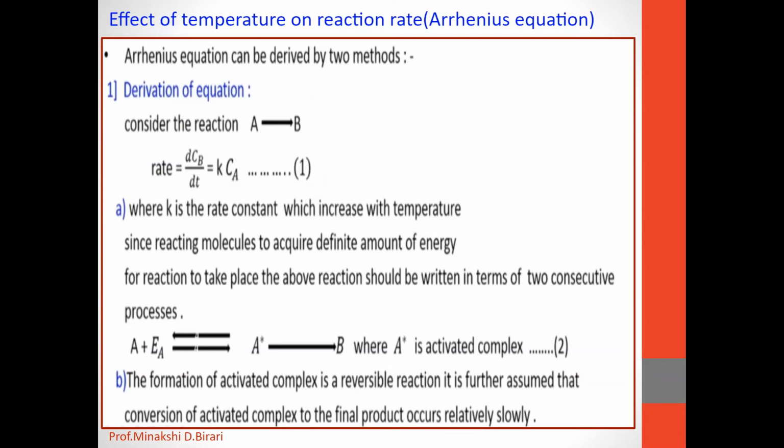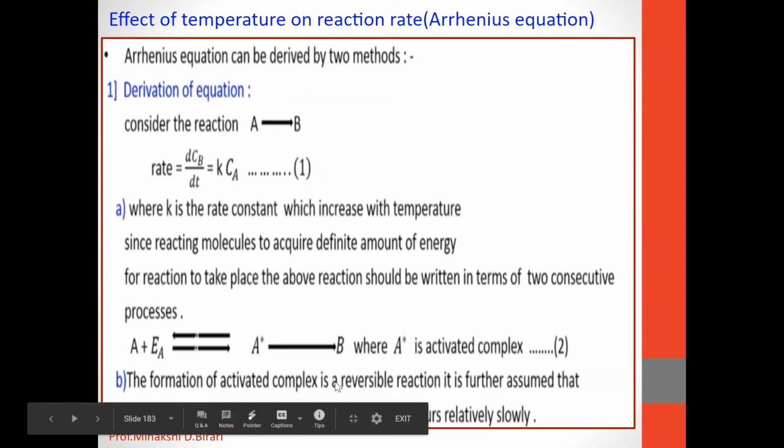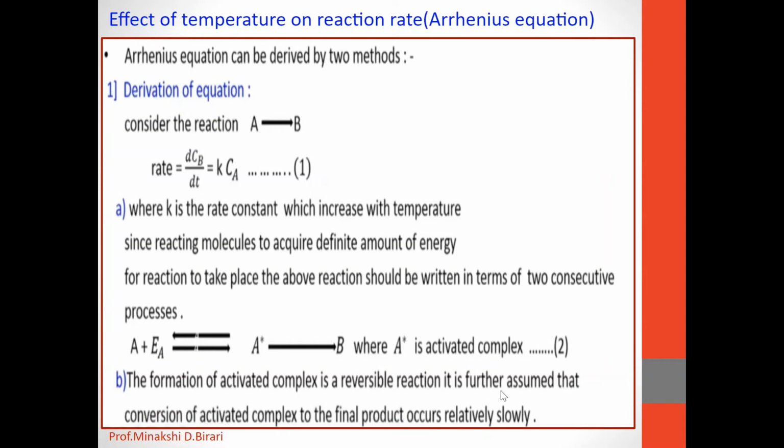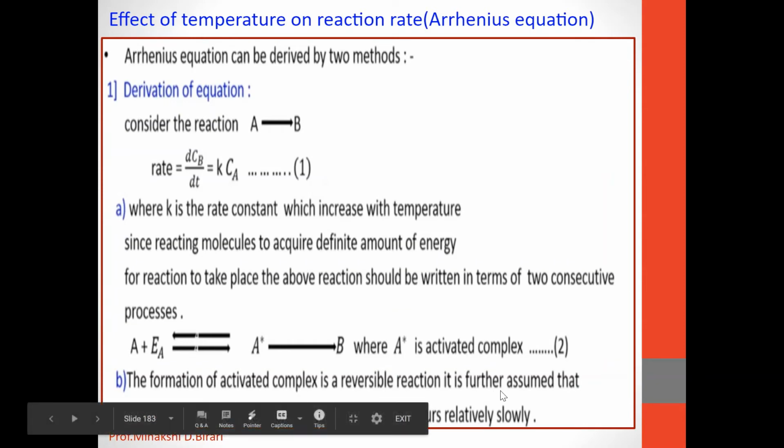The second assumption made by Arrhenius is that the formation of the activated complex is a reversible reaction. So the normal reactant molecules and the activated molecules are in equilibrium.